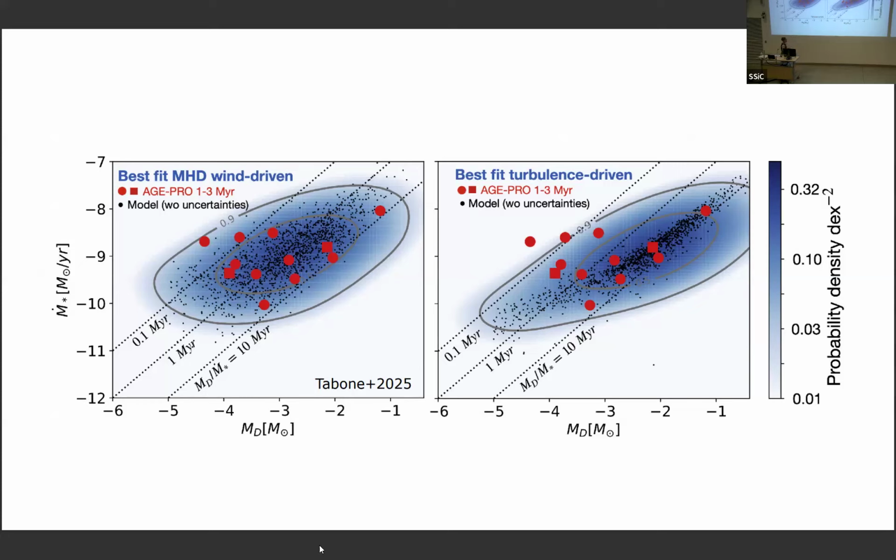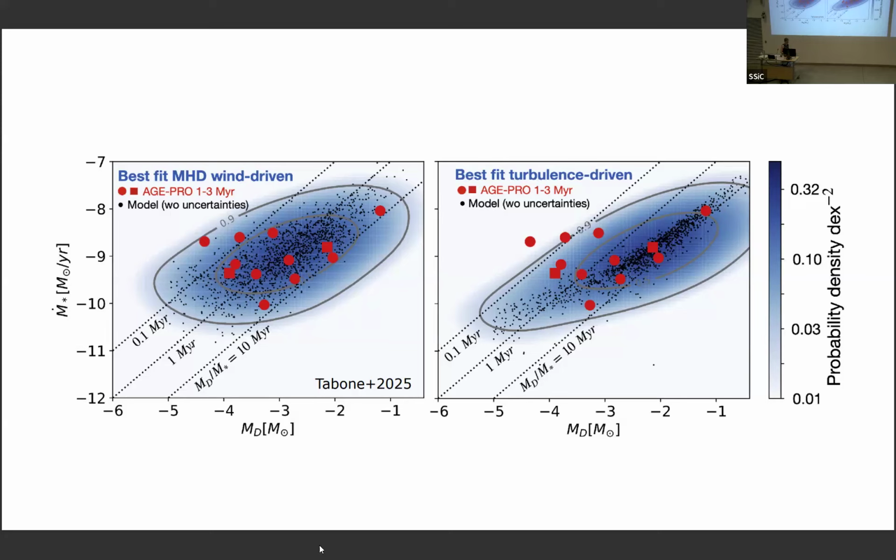On the left side are theoretical models for so-called wind-driven accretion, where winds extract angular momentum and enable accretion onto the star. And on the right side, instead, you see the classic viscous accretion model, where angular momentum is redistributed outward. The results of the simulations are these black dots, and again, the data are in red.